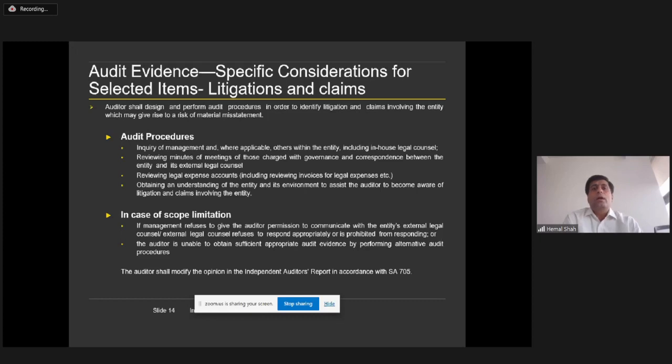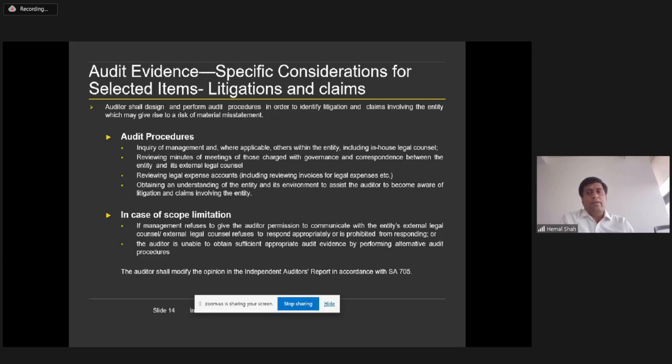As per the accounting standard, whether it is Indian GAAP or Ind AS or IFRS, the auditor is supposed to do an assessment in terms of PPR, which we call probable, possible, and remote analysis. If it is probable, it means a very high chance of the company losing it.